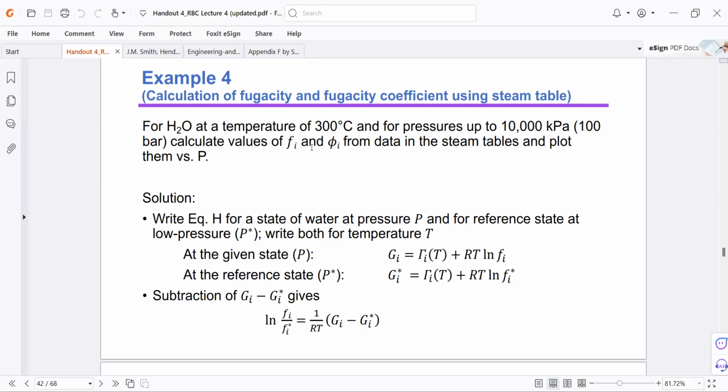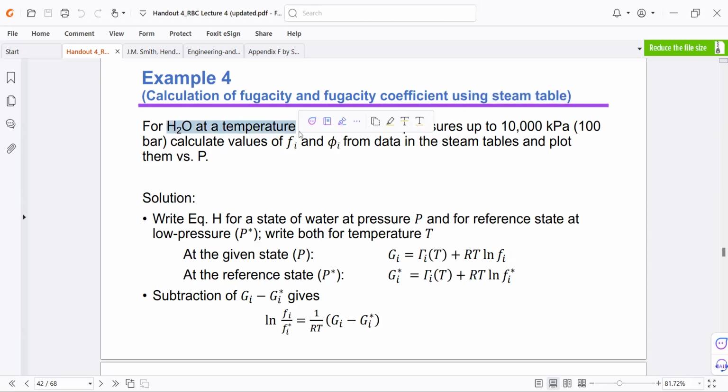So today we will dedicate this video to the calculation of fugacity and fugacity coefficient. Particularly, we'll be using the steam table. Our component is not a mixture; our substance is water.